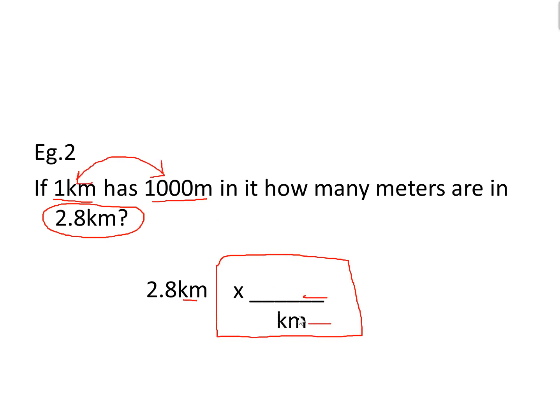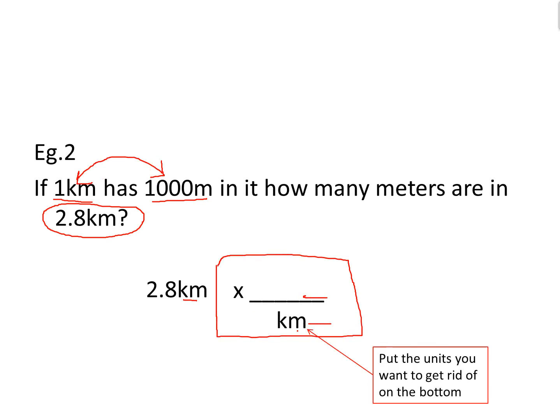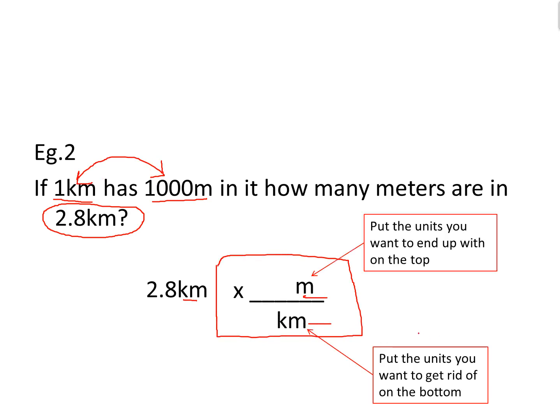So we know that we want to put kilometers on the bottom to cancel out. We want to put meters up top because that's what we want to end in, and we use the ratio that we know, 1,000 meters in 1 kilometer. We then cancel out our kilometers, and our answer will end up being in meters.